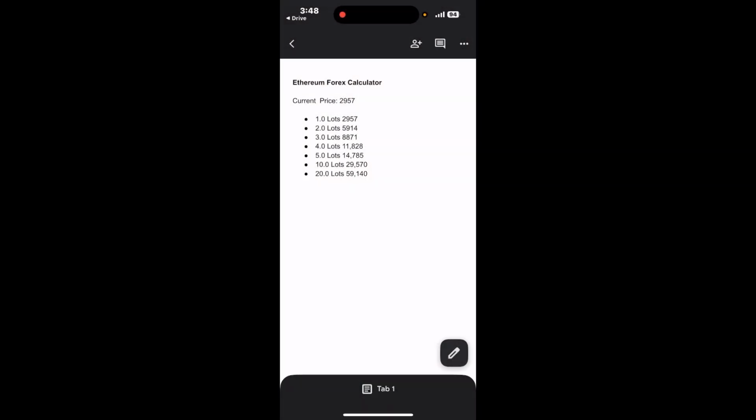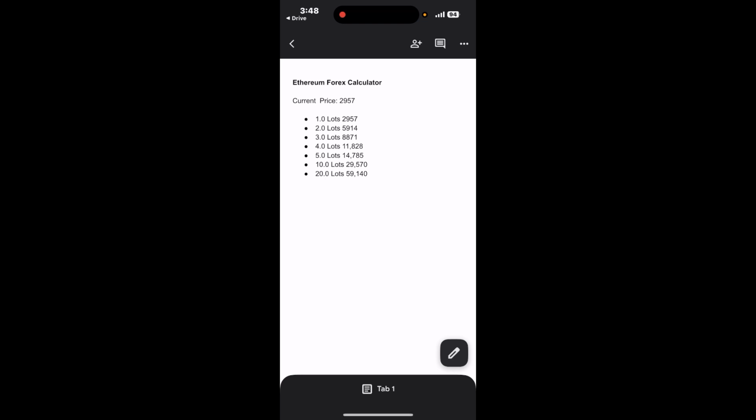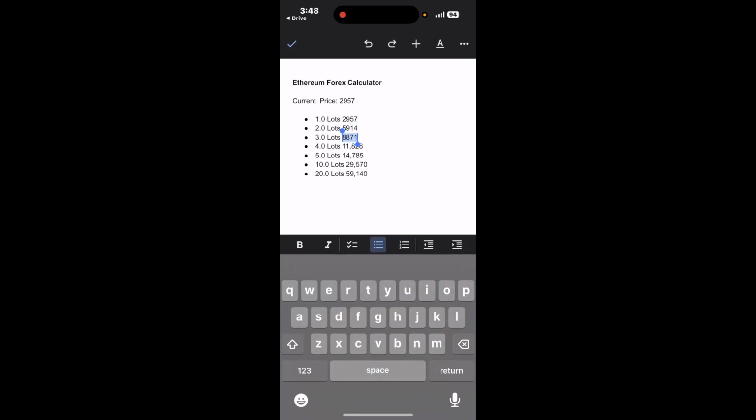We're going to look at what you need to have in order to trade it, and how much you can make from each percentage. Similar to my Litecoin calculator, you'll want to start with one lot, which is 100x, at the price of 1 Ethereum. I wrote down the current price of Ethereum; it's around that price.